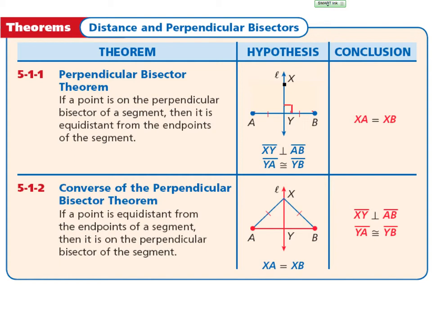You're drawing the hypothesis that's in words over here. If a point is on the perpendicular bisector of a segment, that's what the hypothesis picture is showing. X is a point that is on the line that makes a 90-degree angle and cuts that segment in half. So it's on the perpendicular bisector.